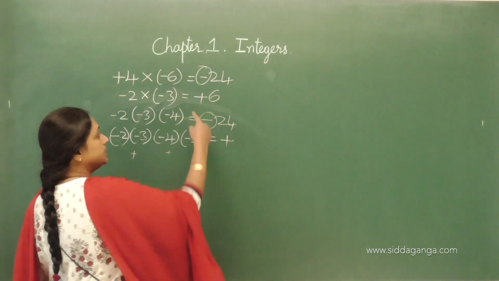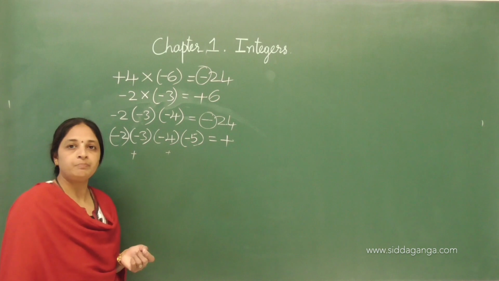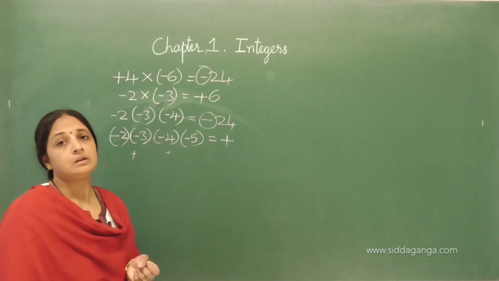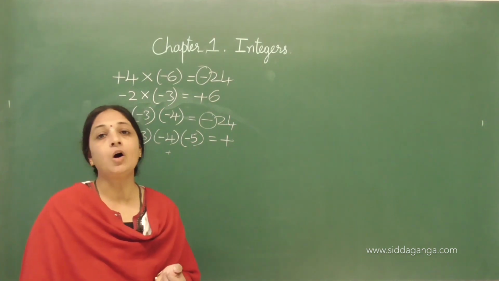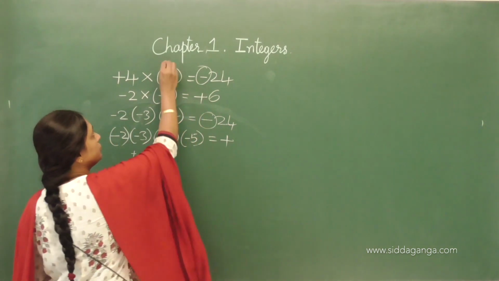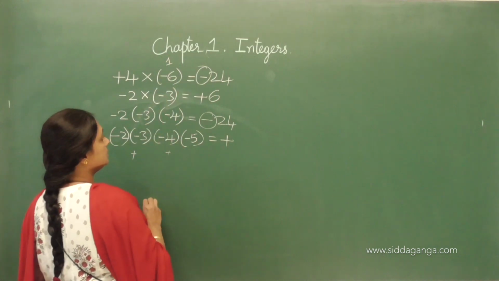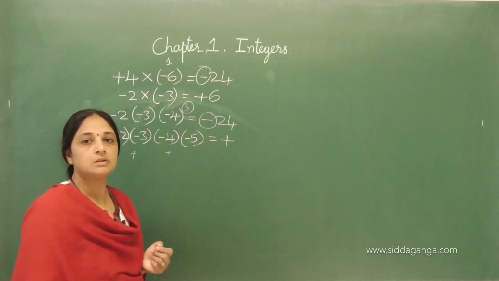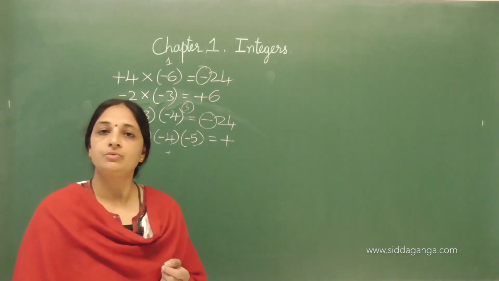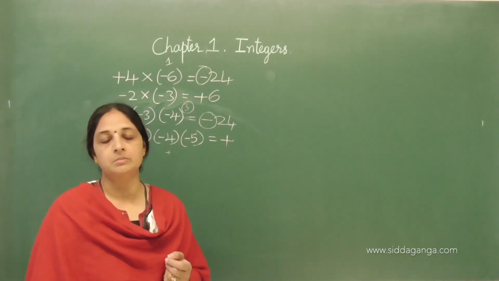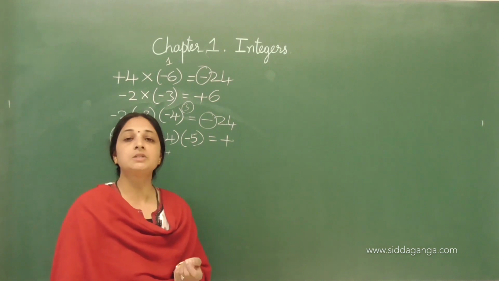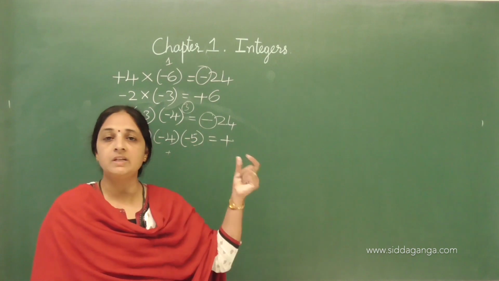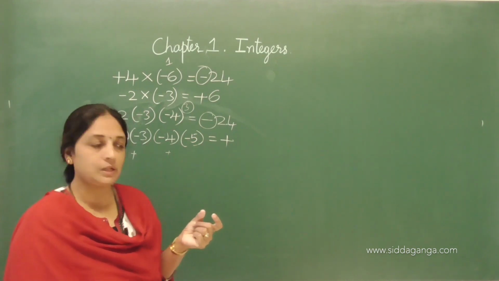So by this what can we conclude? We can conclude that if the negative integers are in odd numbers, here we took one negative integer, here we took three negative integers, 1, 3, 5, 7 are odd numbers, then we always get a negative integer only.